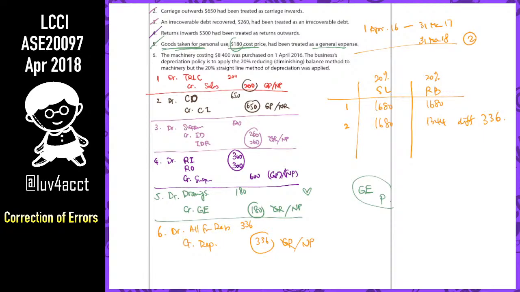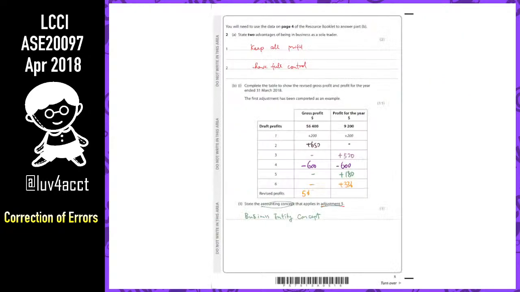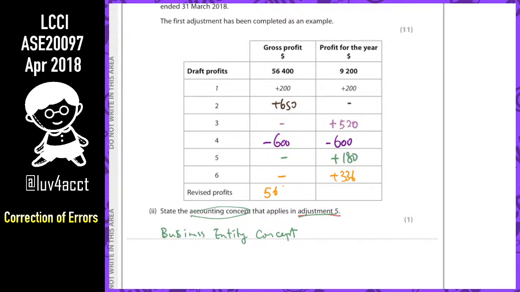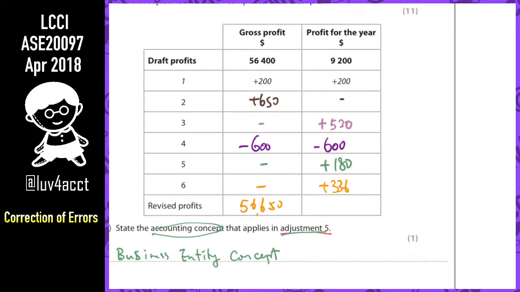So if that is the case, the answer is like that. So 56650, although it is not the same as the answer key. Again, I think they are being careless in working on the paper.